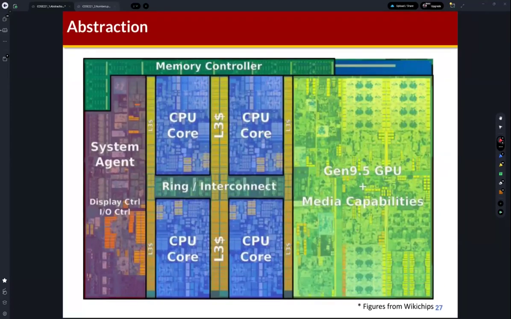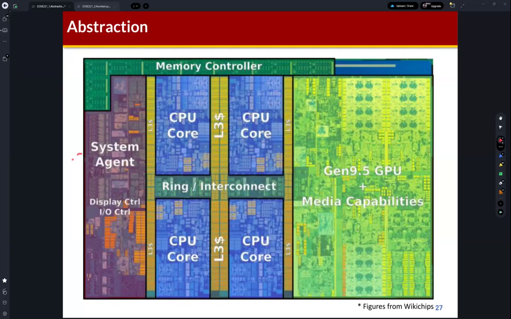But actually, I added some rectangles above the photo, and I added some names of the components under this die photo. But we cannot understand the detailed logic or detailed components inside of each component.